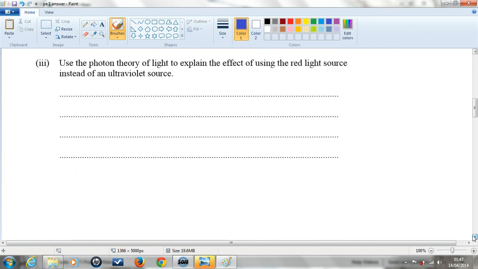Final part of the question says use the photon theory of light to explain the effect of using the red light source. So this is wanting us to do two things. First of all, to explain the principles of the photon theory of light, and then explain why the red light source had no effect. Well, there are a couple of things we always need to remember for this. The first being that an electron can only absorb one photon.